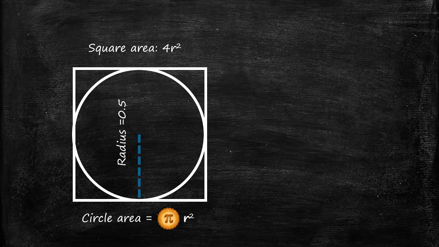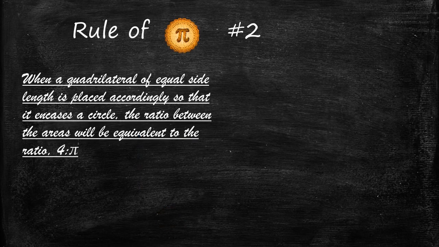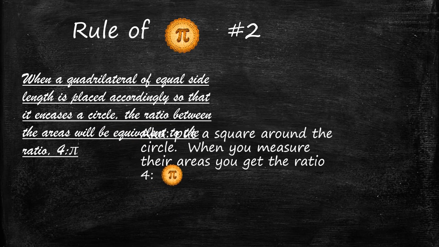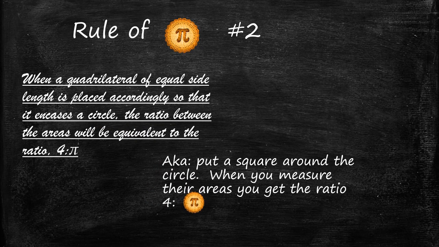For the square, we find the radius, square it, and then multiply it by 4. For the circle, we find the radius, square it, and multiply by pi. So again, in one situation, you multiply by 4, in another, you multiply by pi. So there's another rule of pi. When you put a square around a circle and measure their areas, you get the ratio pi to 4.